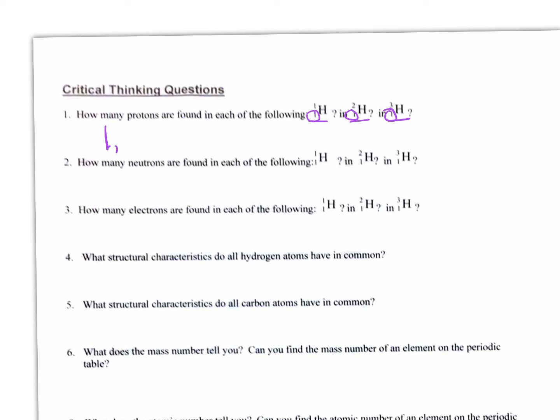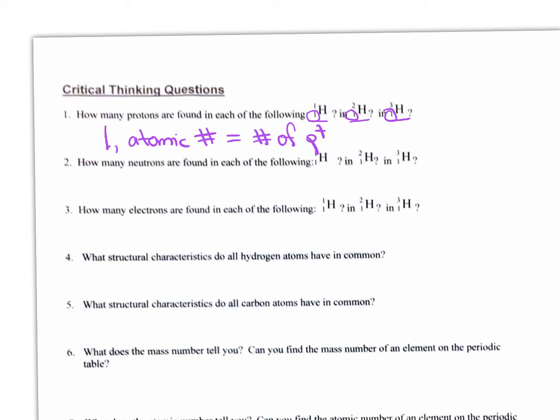Now, how do I know that? Because I know the atomic number equals the number of protons. Notice I use my shorthand. First of all, it helps me not have to write so many words, makes it go a little bit faster, and yet we still have the information.